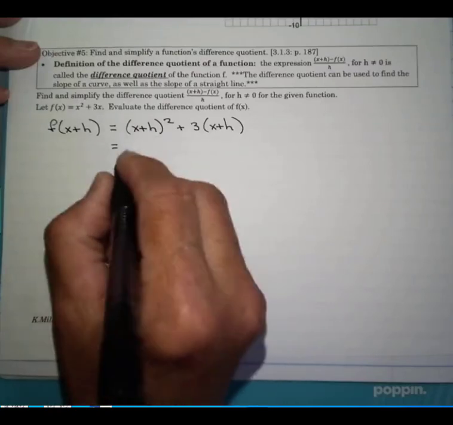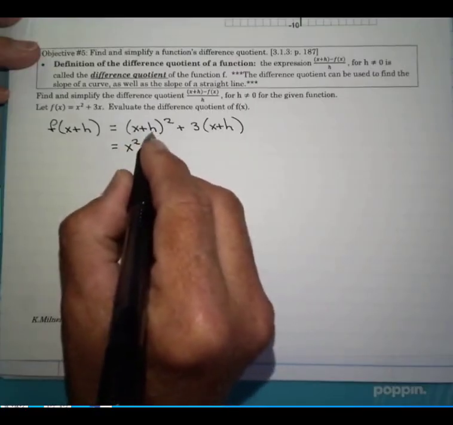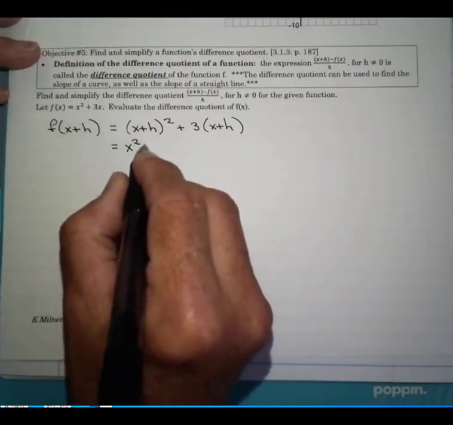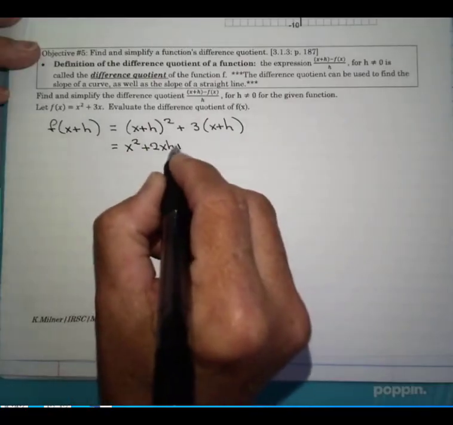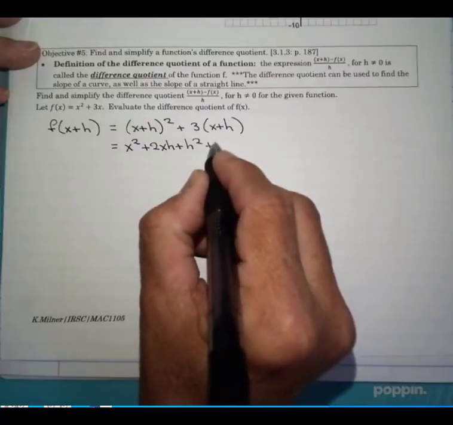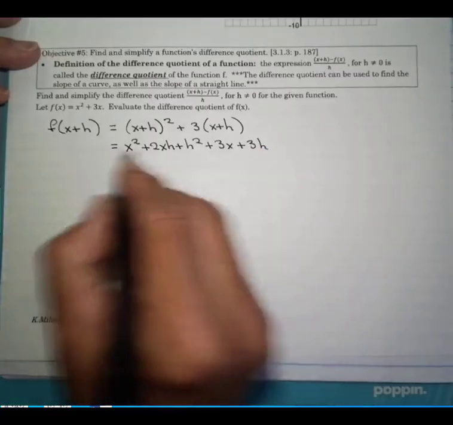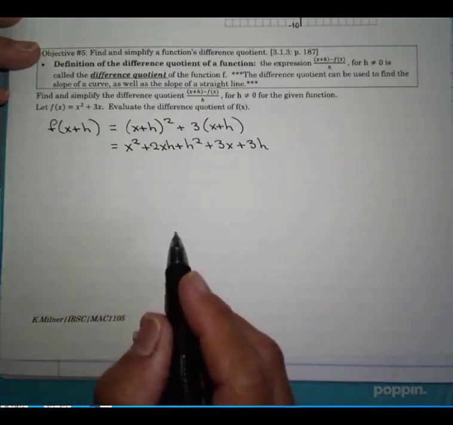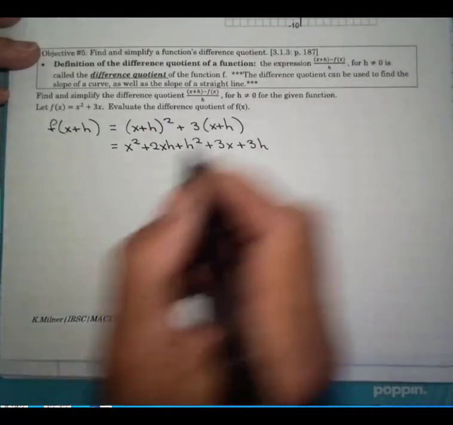I say square the first term, so that's x squared, multiply the two terms together, and then double them. So I'm saying x times h times 2, that would be 2xh, and then square the last term, so I'll have h squared. Now I want to distribute this 3, so I'll have 3 times x, and I'll have 3 times h. I would simplify this if I could, but there's no like terms, so there's nothing I can do with it. And I'll just keep it because it goes right in this first part of my expression.